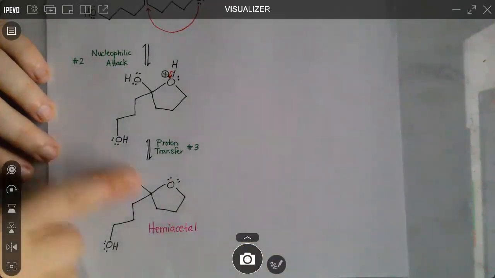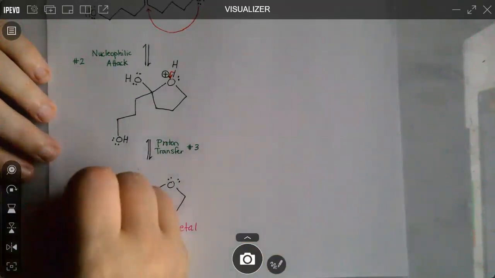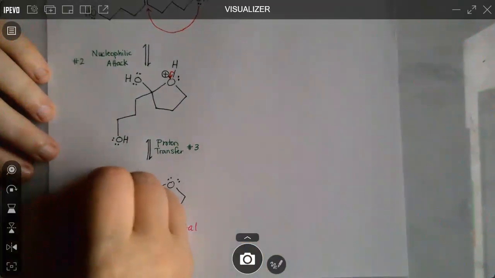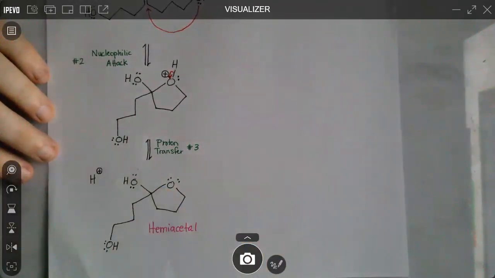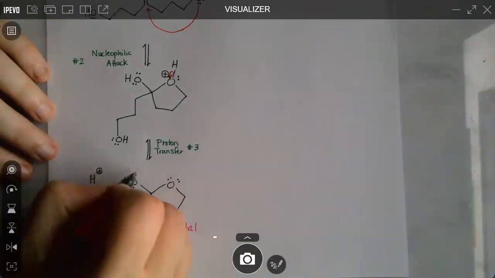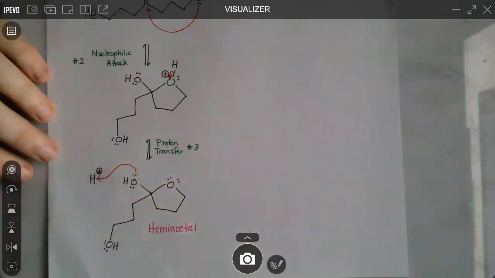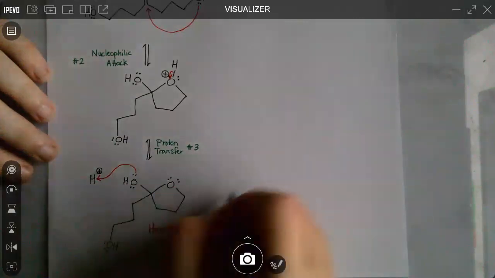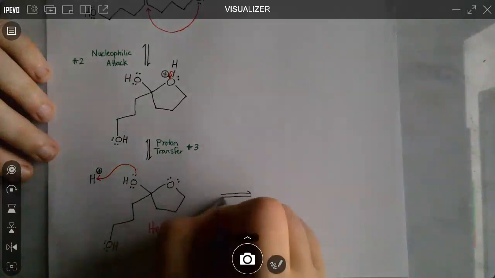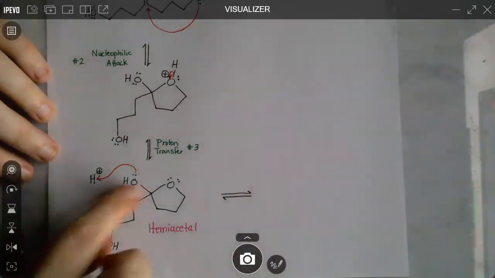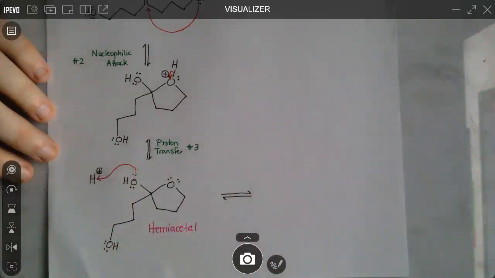Next, we want to protonate this. So if I don't want to draw an acid out, I can just simplify by writing H3O plus or H plus. Again, the point of this is to show a proton on here so that this becomes a good leaving group.